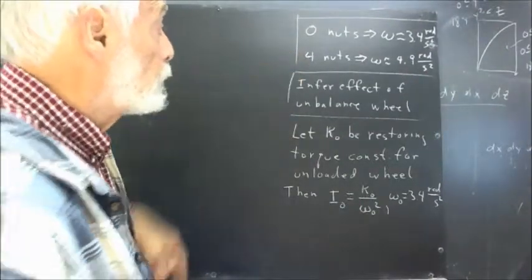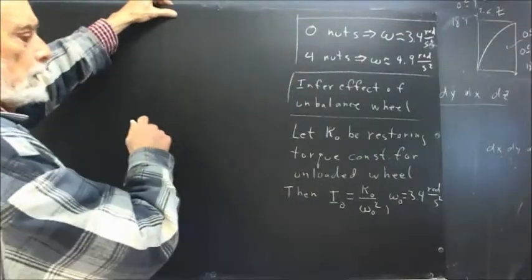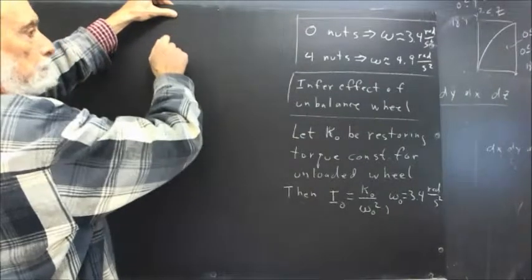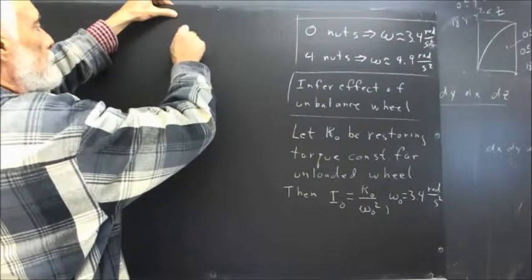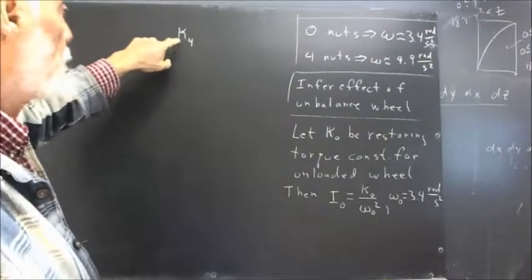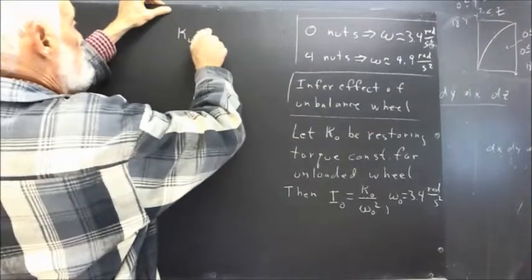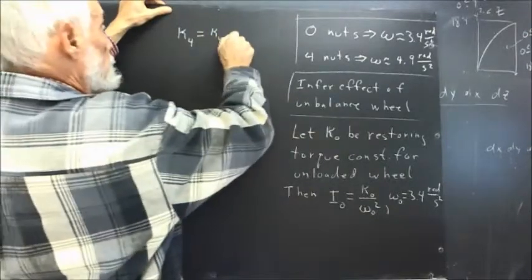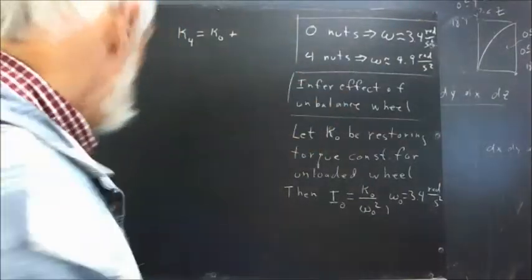Okay, now if there are 4 nuts, we'll call this kappa sub 4, going to stand for the restoring torque constant here. Well, that's just going to be kappa naught plus the restoring torque constant that we would get as a result of 4 nuts.